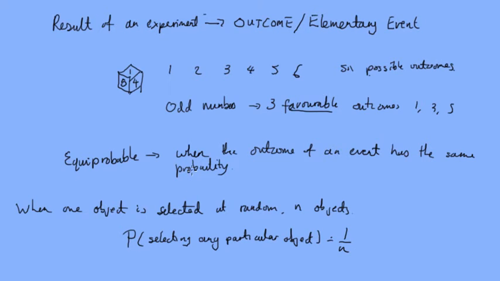The probability that an event occurs is equal to the proportion of equally likely outcomes that are favourable to the event.